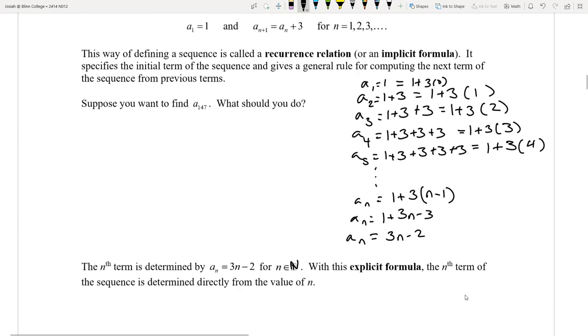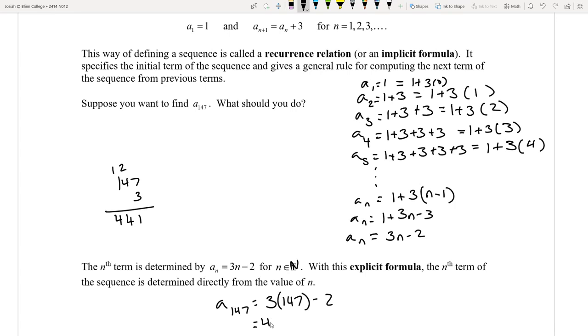This is an explicit formula, so we can get the nth term just by plugging in n. So a sub 147 is going to be 3 times 147 minus 2. So we multiply that out. 3 times 7 is 21, 3 times 4 is 12, then plus 2, and finally 441.